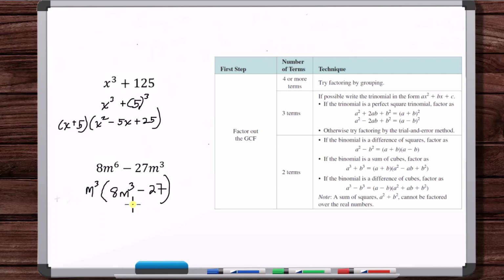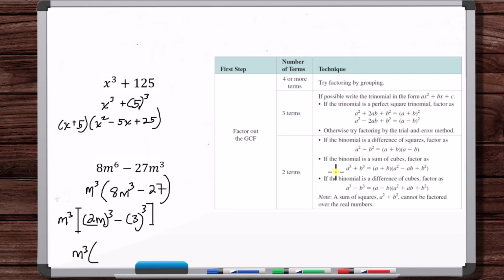2 terms. Well, we see the cubed here, so we think sum or difference of cubes, and we think difference of cubes here. If we're taking a test or working on homework in algebra, I bet there's a strong chance you can write these as two cubes. And you can. So this is 2m cubed, and 27 is 3 cubed.